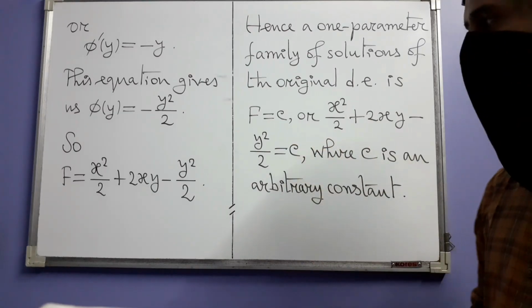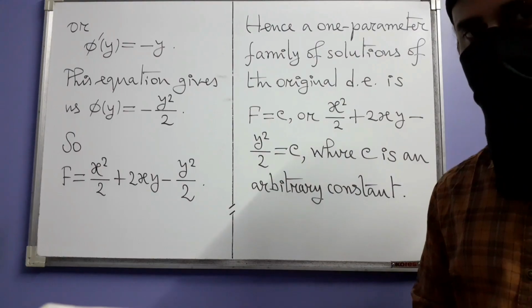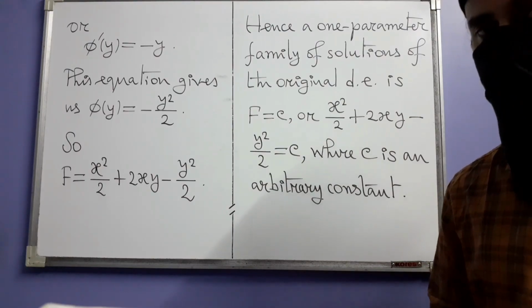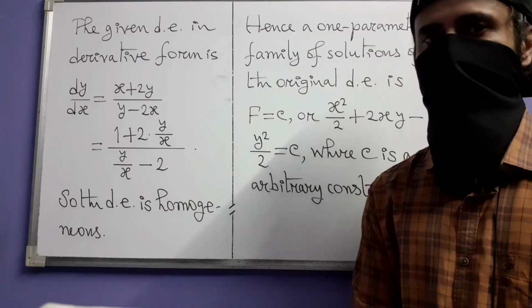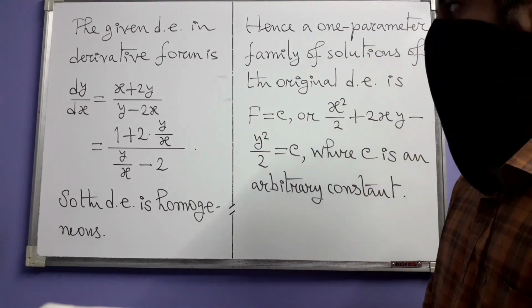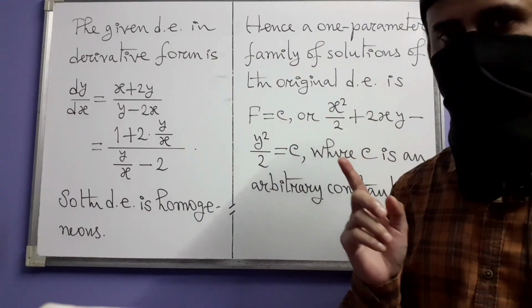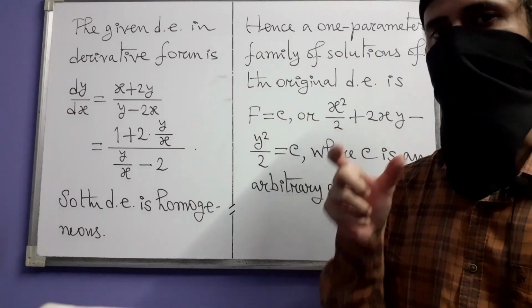Now we have to again solve that same equation using the observation that it's also a homogeneous equation. So we start again. This time, first of all, the original differential equation is given in differential form.